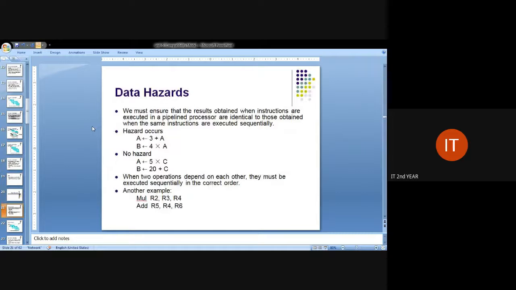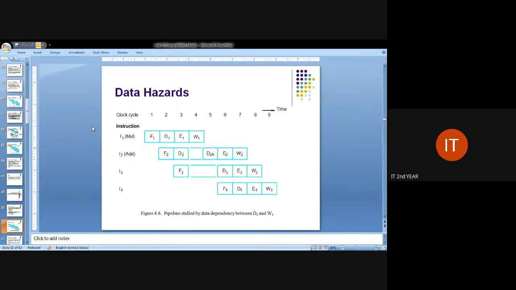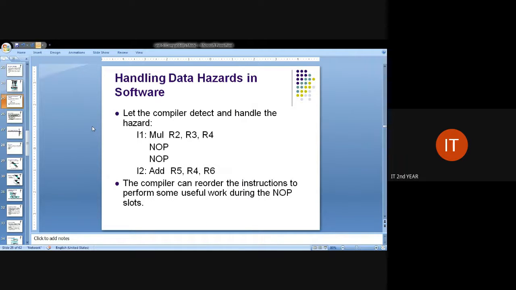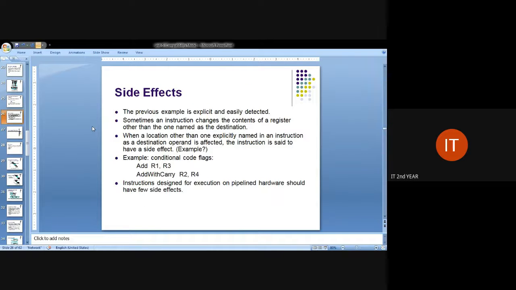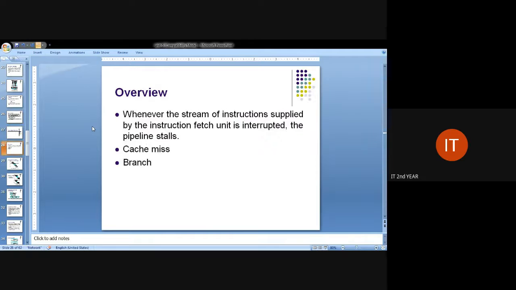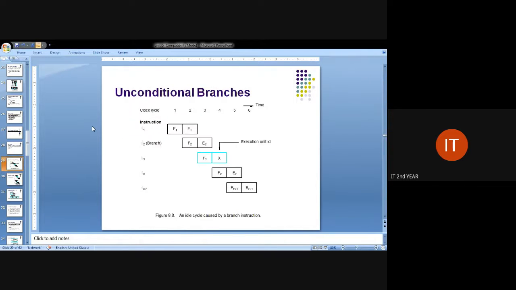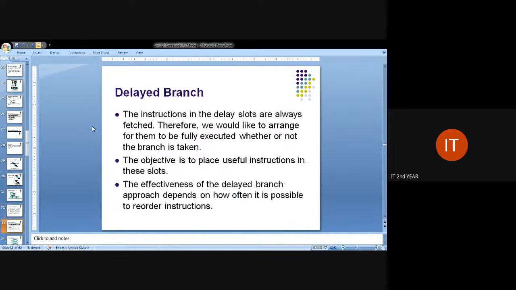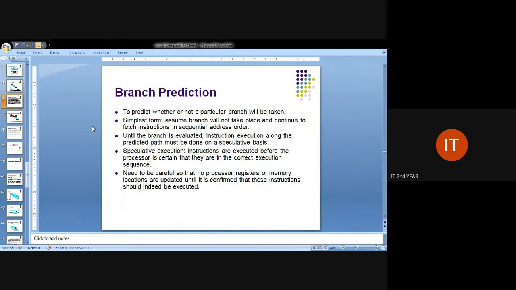Then different types of hazards: data hazard, instruction hazard, that is control hazard, and structural hazard. In data hazard, we looked into the operand forwarding technique, how we can handle data hazard and what the side effects are. Followed by instruction hazard, how branch prediction and cache properties are helpful in dealing with instruction hazard. With this we can wind up this session.